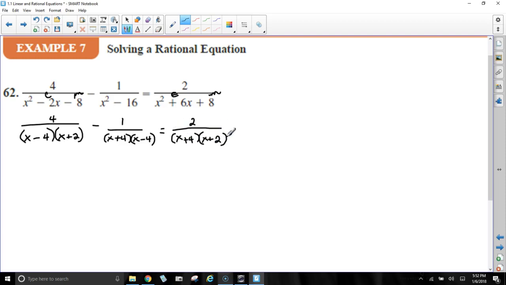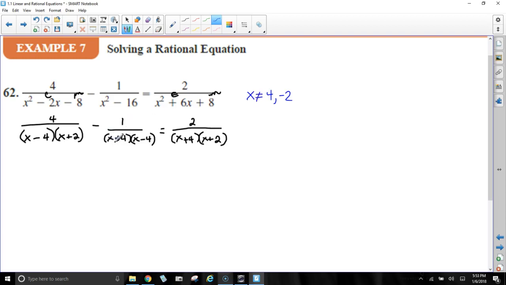Now that we have the factored form of our problem, we want to go through and find restrictions on our variable. Our values for x better not include a positive 4, which would make this factor 0, therefore that whole denominator 0. So we're going to restrict a positive 4 and a negative 2. X can't be equal to these.